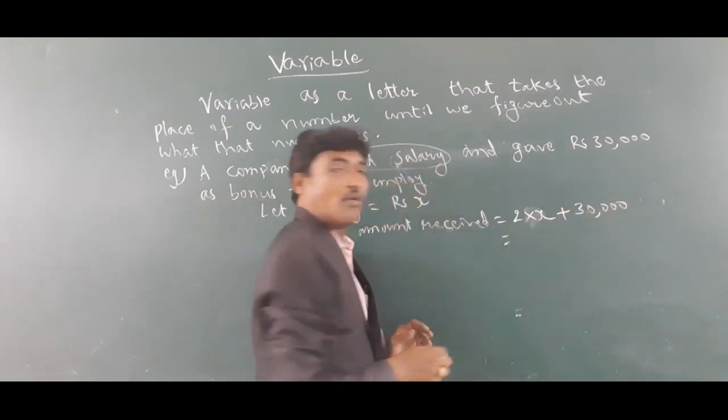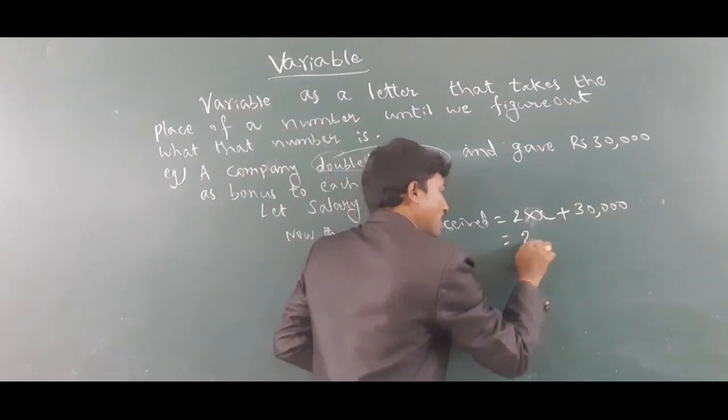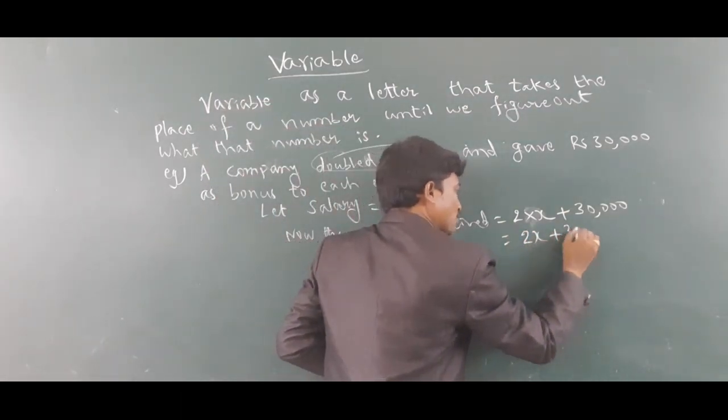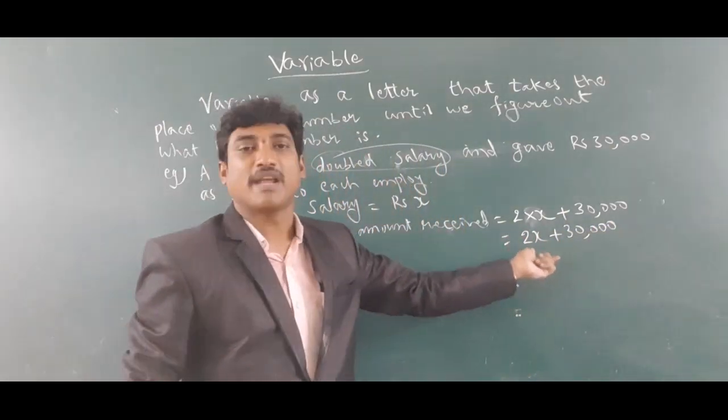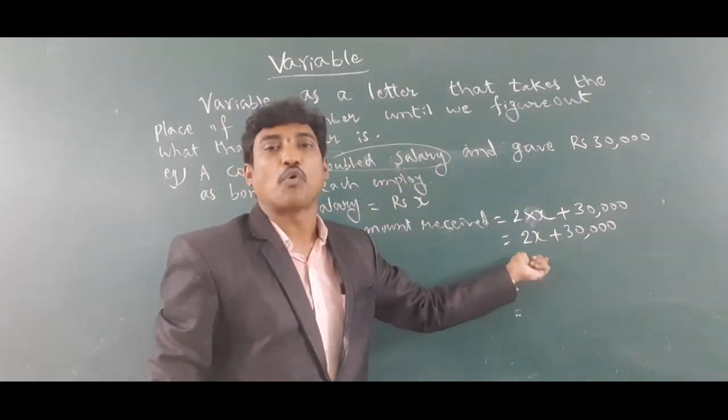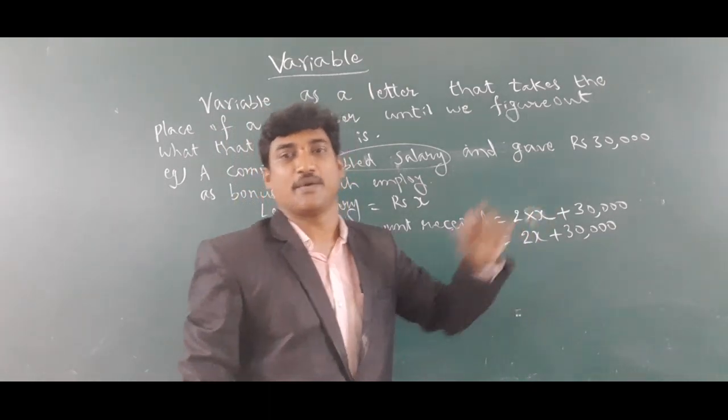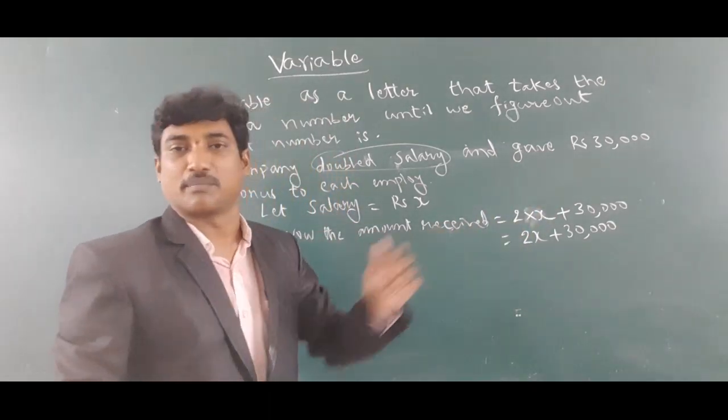Then the amount he received is 2X plus 30,000. So based on this expression, we can know the amount each employee received in that month.